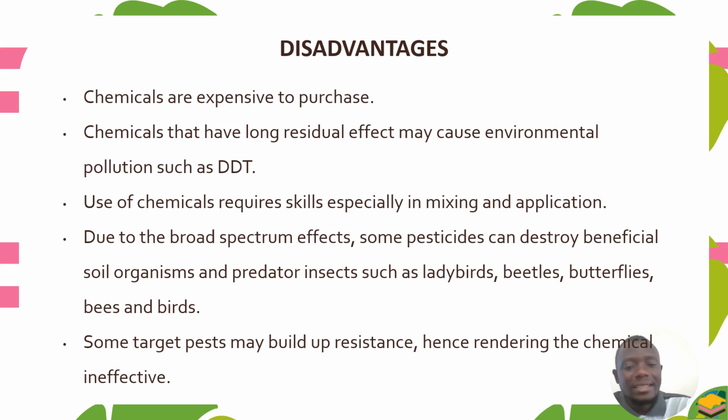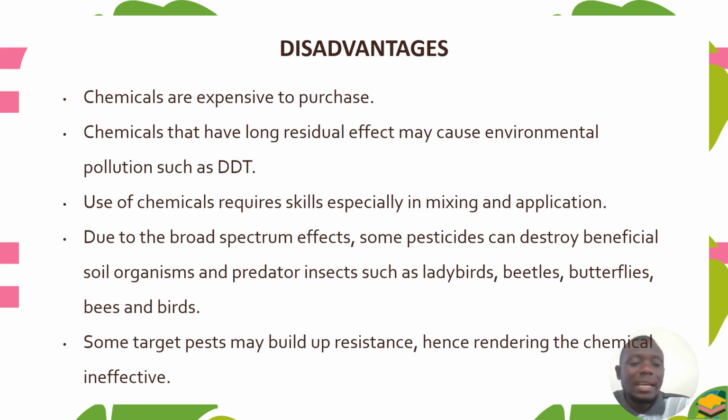Some pesticides can also destroy beneficial organisms, such as soil organisms, which facilitate the decomposition process. They can be destroyed by these pesticides. We talk of some of the insects such as ladybirds and beetles. They can be destroyed by these pesticides. So those are some of the disadvantages.